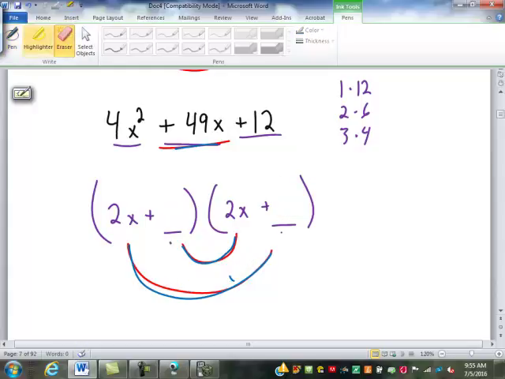So let's try 1 and 12. So now on the outside, 2x times 12 is 24x. 1 times 2x is 2x, makes 26x. Is that what we want? No. Does that mean this one can't be done? No, there's another possibility.